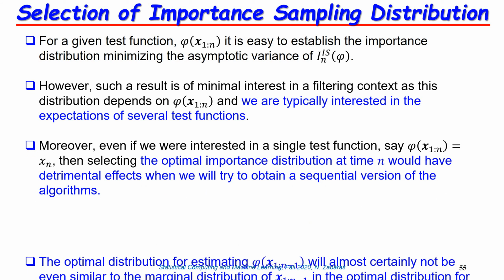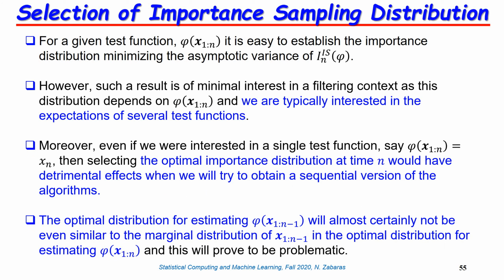You can think of the following problem: if you look at the optimal proposal distribution at time n-1 for this particular function whose expectation you compute, there is almost zero chance that it will be even close to the marginal of the optimal importance sampling distribution at time n.